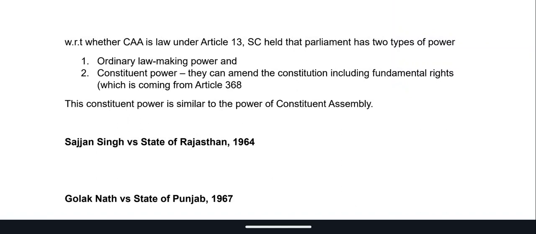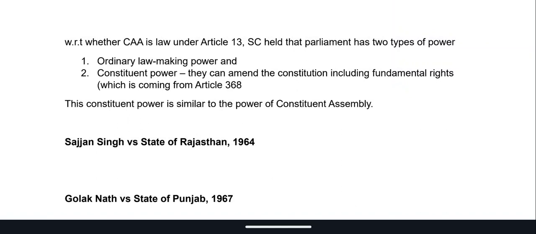If that power is with me, can I make changes to the constitution? It is as good as subsuming the role of the Constituent Assembly. If I sit in the role of the Constituent Assembly, obviously I will get the power or authority to draft the constitution or make changes to it. Thereby, parliament can alter, take away, or make changes to the fundamental rights, is the conclusion of the Supreme Court in the Shankari Prasad case.